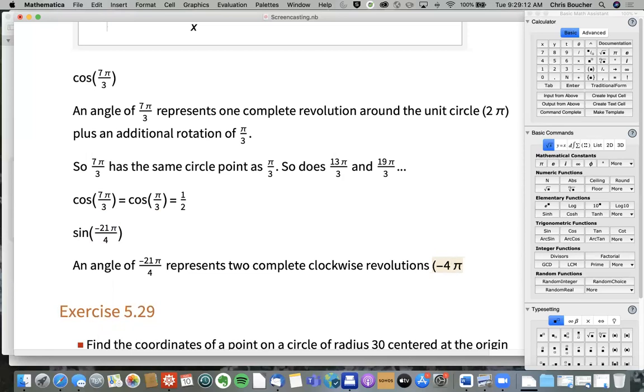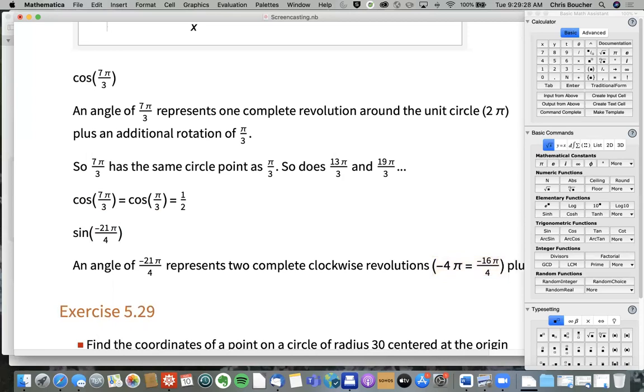If I express that in fourths, negative 4 pi is negative 16 pi over 4. Okay, so I have negative 5 pi over 4.